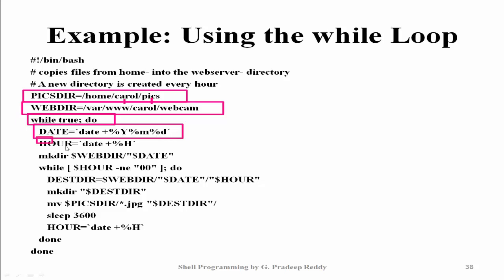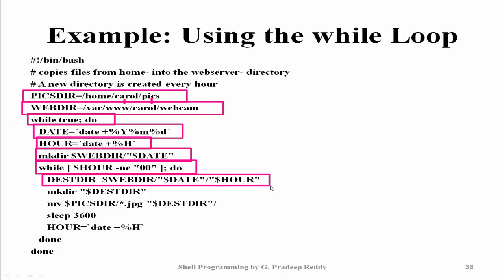So now hour equal to date followed by %hour, then it is going to make a directory, web directory followed by the date. So while hour is not equal to 0, then it is going to perform the following actions. Test directory equal to web directory, date and hour.